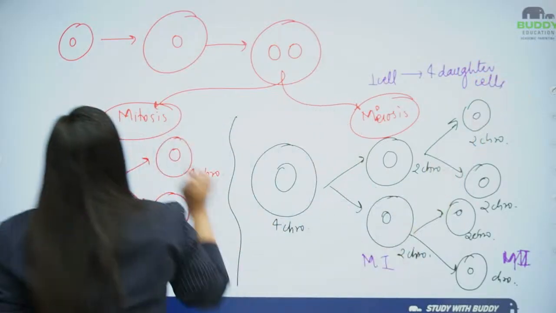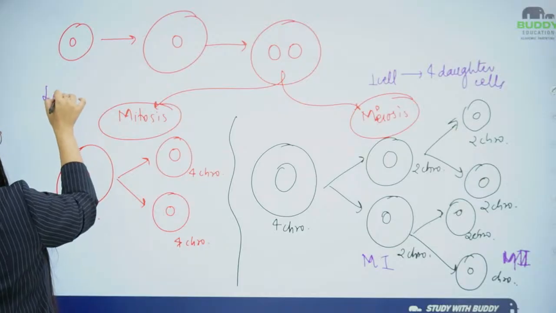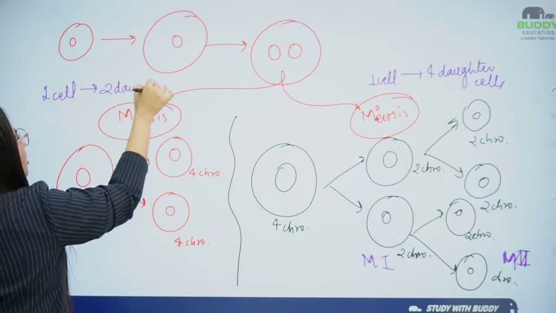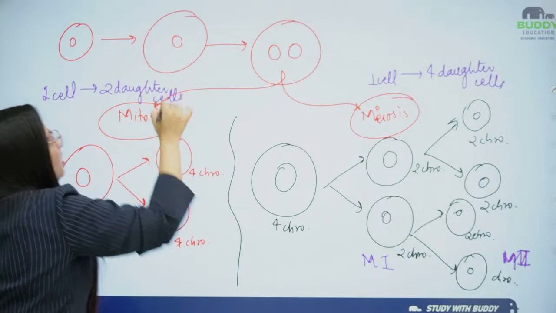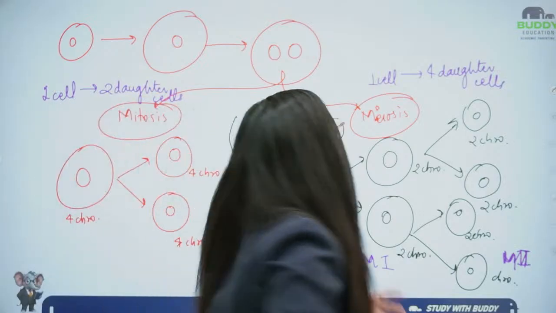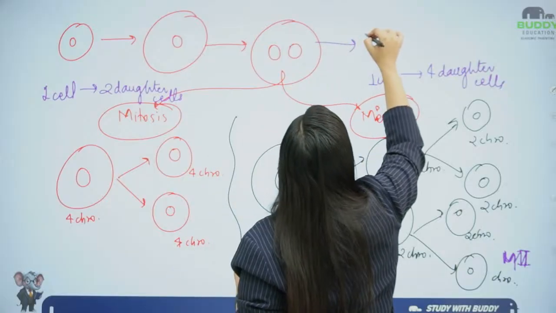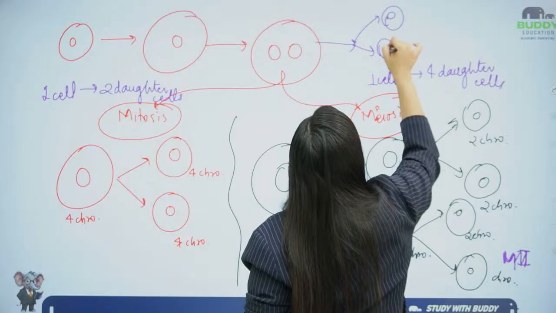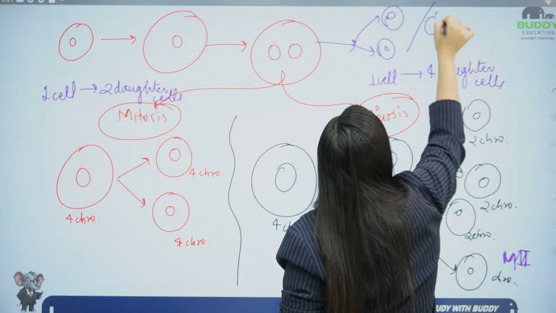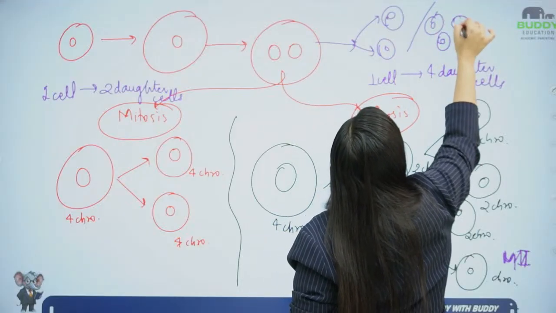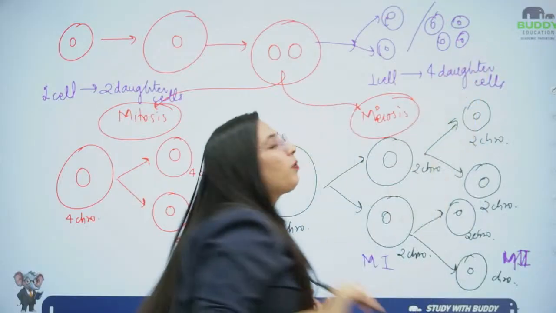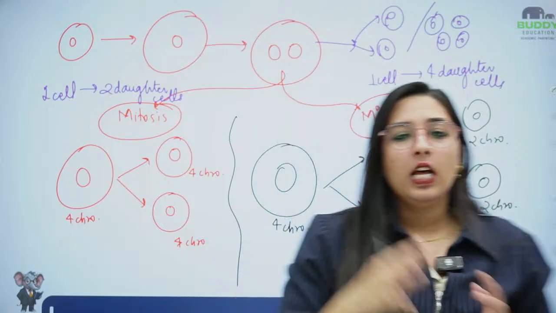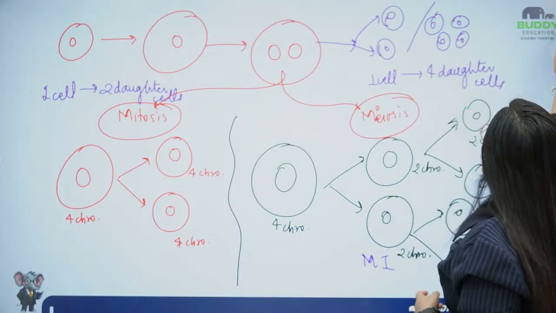And when I talk about mitosis, one parent cell gives rise to 2 daughter cells. So this is mitosis and this is meiosis. After karyokinesis, we will have cytokinesis, where we will get 2 cells or 4 cells. If we get 4 cells, that means the process is meiosis, and if we get 2 cells, that means the process is mitosis. This is it for today.